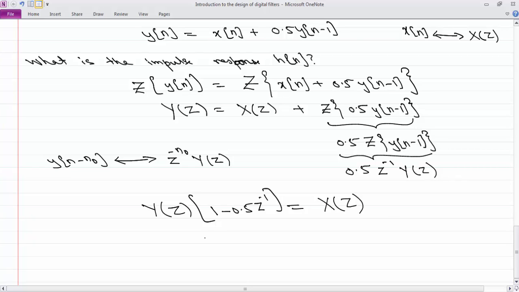And now I remind ourselves of the convolution property of the Z transform.